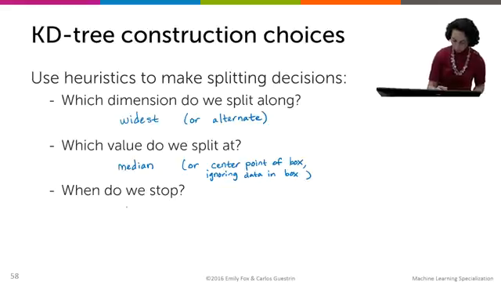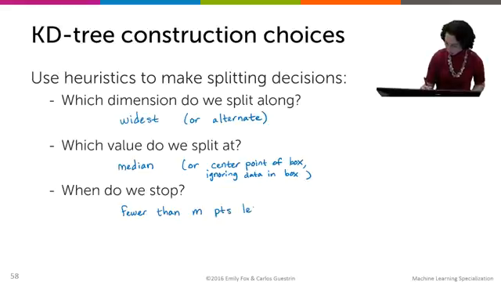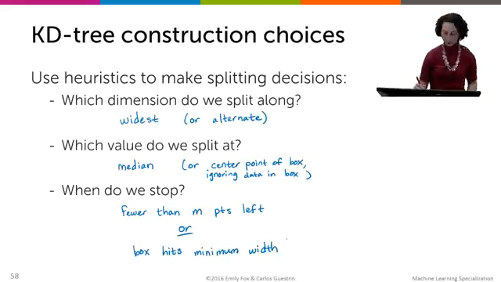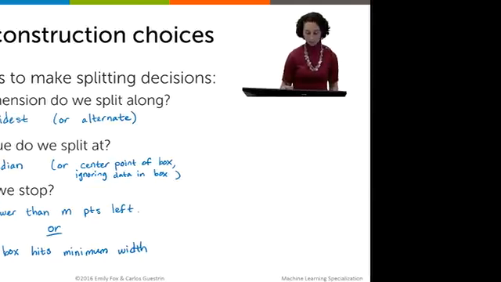One is you can stop if there are fewer than a given number of points in the box. Let's say m data points left. Or alternatively, if a minimum width to the box has been achieved. So again, the second criterion would ignore the actual data in the box, whereas the first one uses facts about the data to drive the stopping criterion.